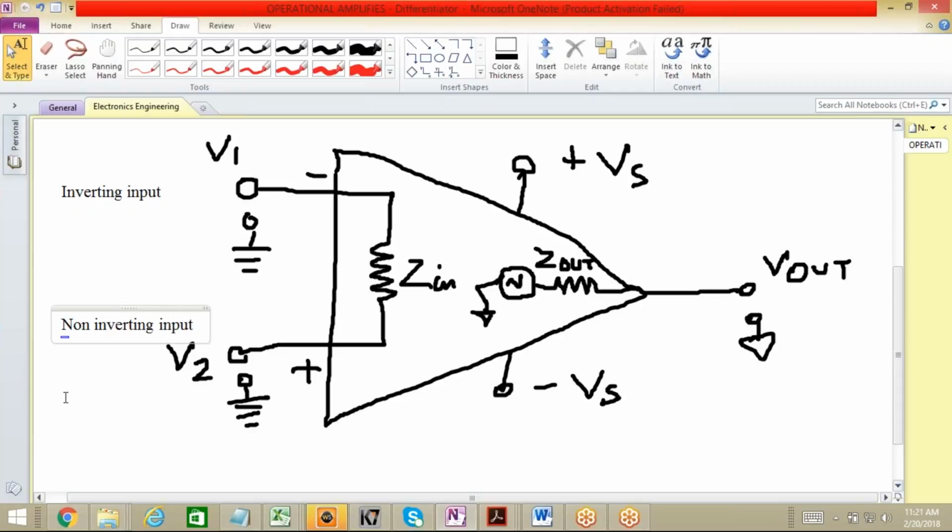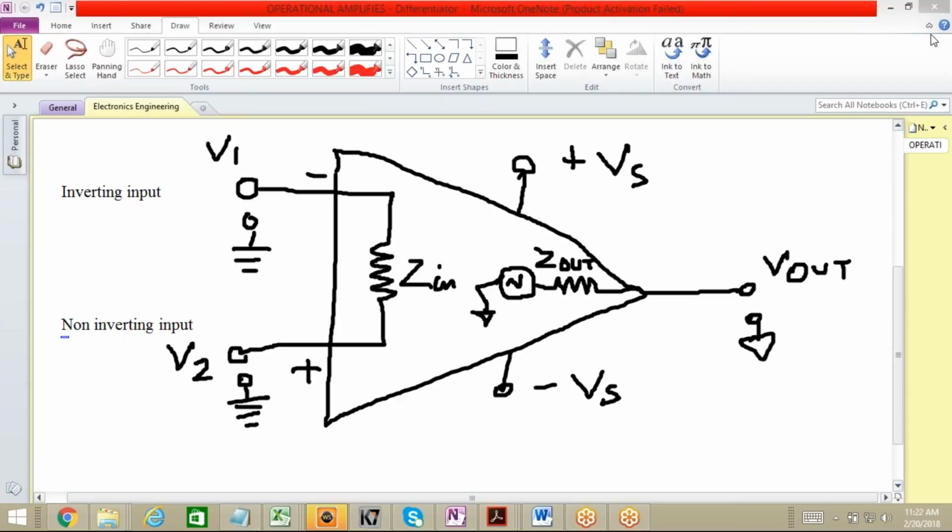Inverting input and non-inverting input. I'll explain how this is inverting and how this is non-inverting once we proceed to the differential part. Now the next thing is about the op-amp operation.